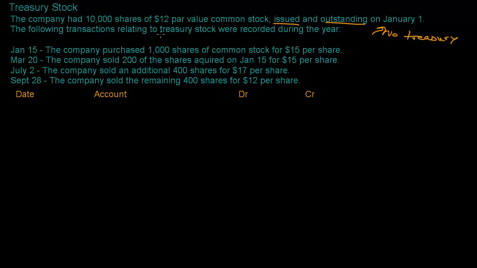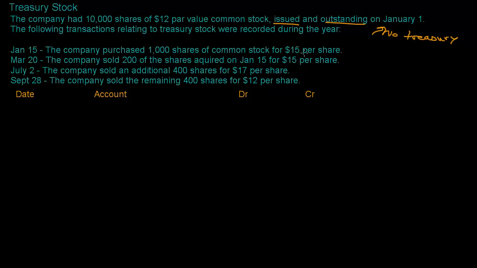So the following transactions related to treasury stock were recorded during the year. The company purchased 1,000 shares of common stock for $15 per share. So if the company is purchasing their own common stock, that means that we are building up treasury stock. By purchasing 1,000 shares at $15 per share, the company is spending $15,000 of cash. Okay, so we know that cash is one of our accounts, and we know that treasury stock is involved.